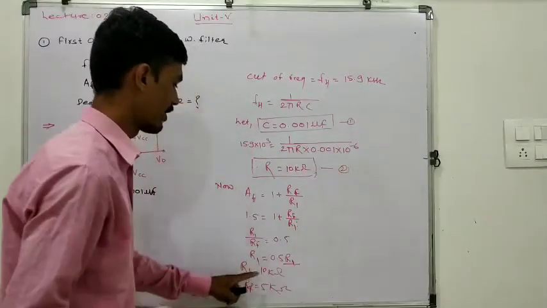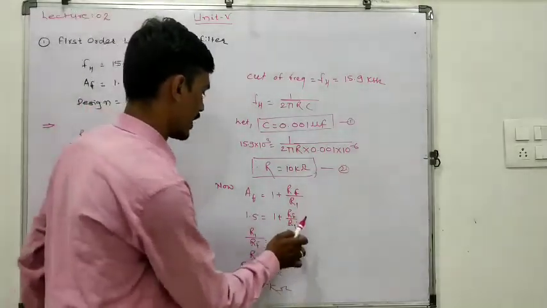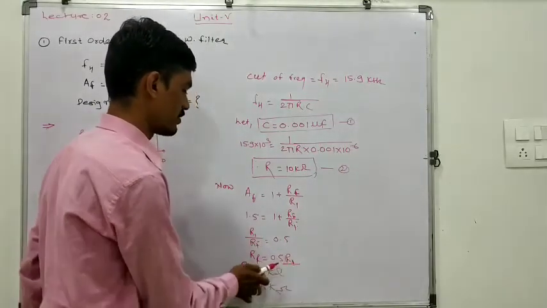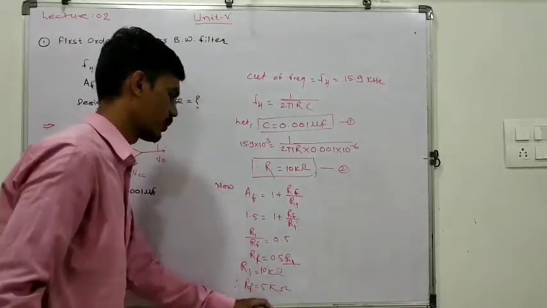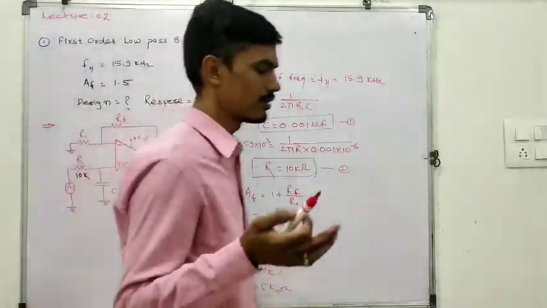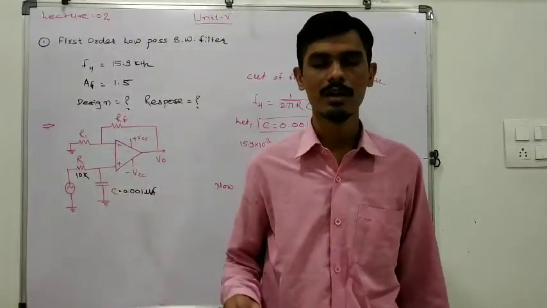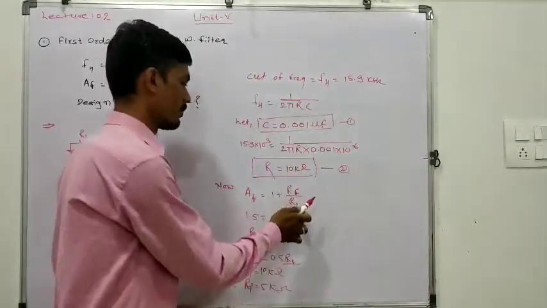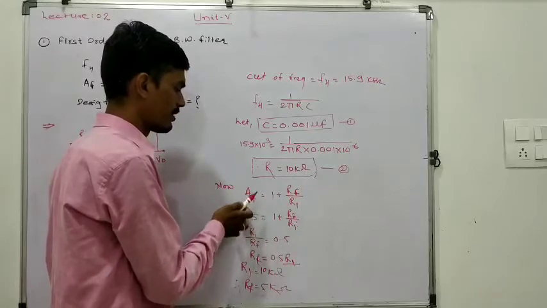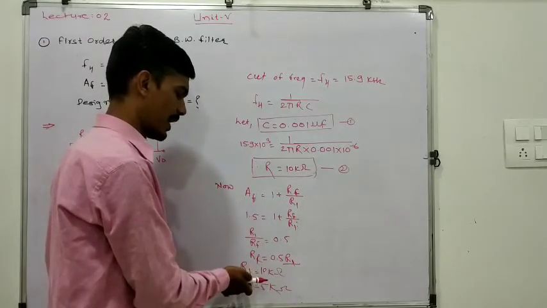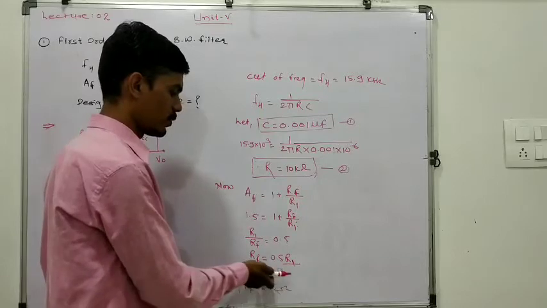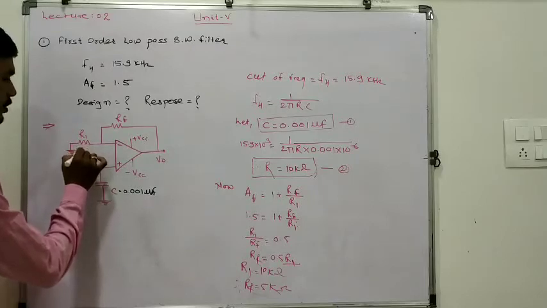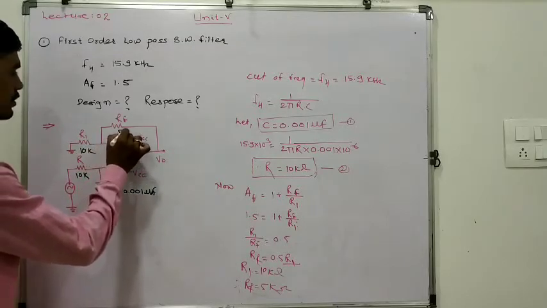By considering the value of R1 is equal to 10k, we get RF equal to 0.5, because for the non-inverting operational amplifier, the formula for the gain is nothing but 1 plus RF by R1. We are just putting the value of AF, AF is equal to 1.5. So that's why we are getting R1 and RF as 10k and 5k respectively. So we are just writing here R1 is equal to 10k and RF is equal to 5k.